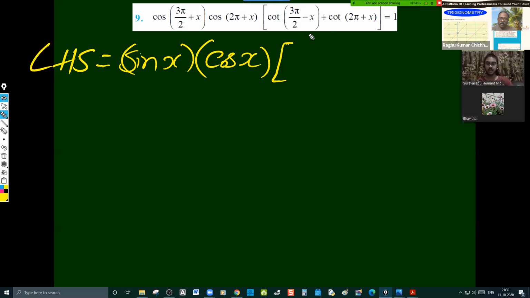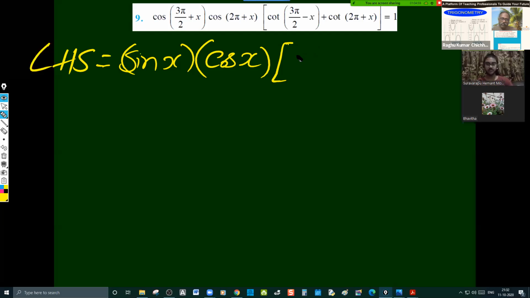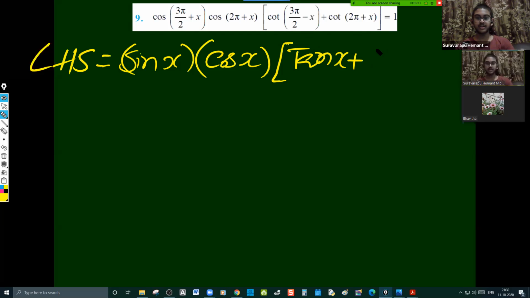For 270, it changes, so cot becomes tan. Plus cot of 2 pi plus x. That's first quadrant again. It doesn't change, and it's positive. Sine and cos are both positive in the first quadrant.